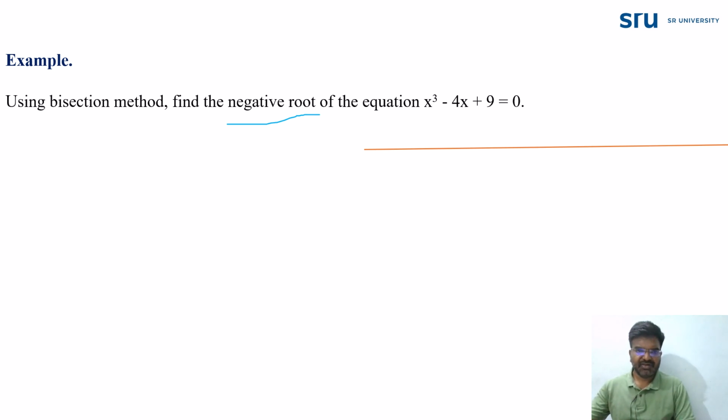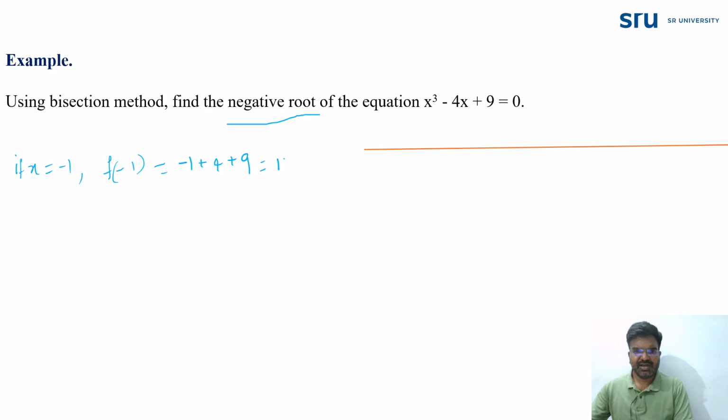See, we have to observe where we are getting negative roots. I will start with -1. Suppose x equals to -1. F of -1 equals to, what is the value here? -1 plus 4 plus 9.